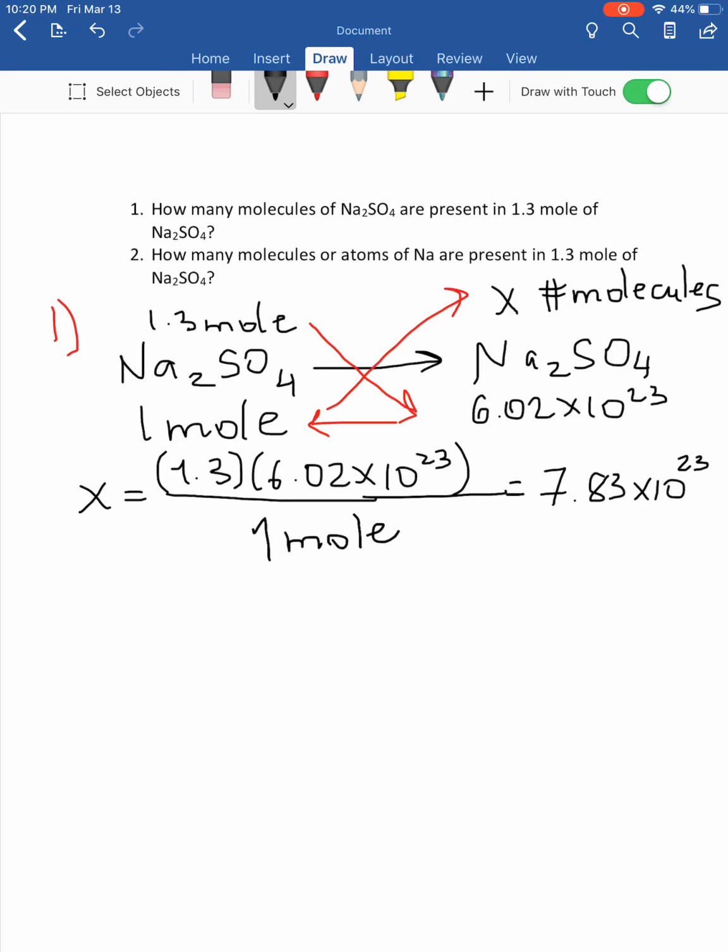So that's the number of molecules of sodium sulfate present in the sodium sulfate sample.